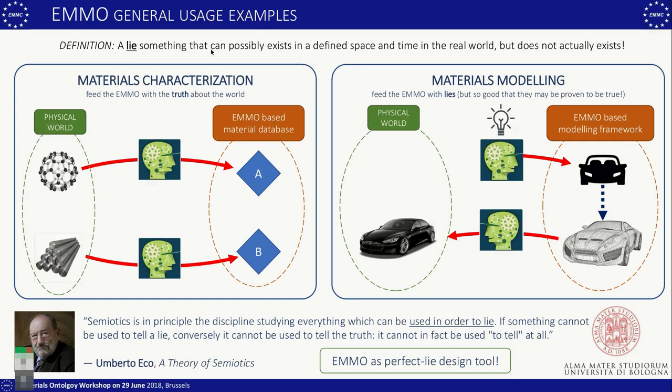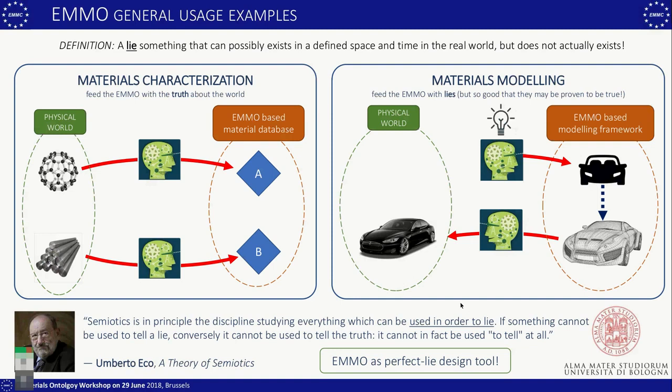So material characterization is using the ontology to tell the truth about the world, and in materials modeling we build lies or possibilities, and then we use the ontology to work with these lies, and in the end we will prove that these lies can be true.